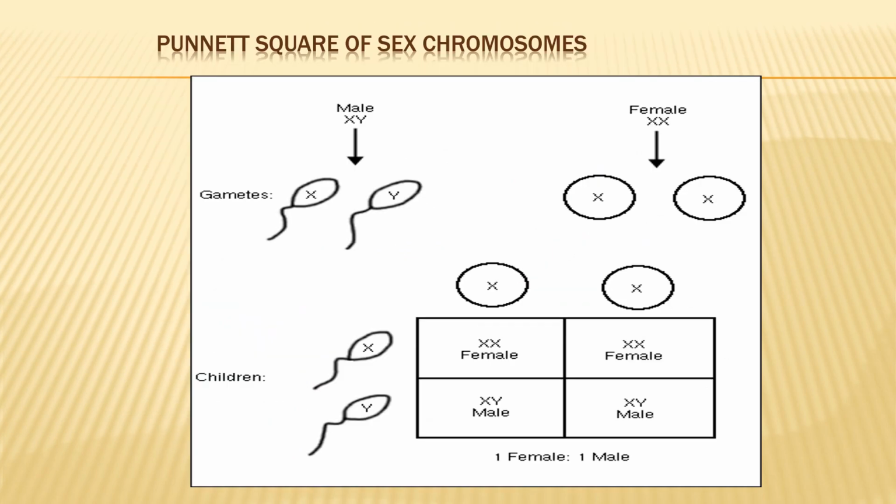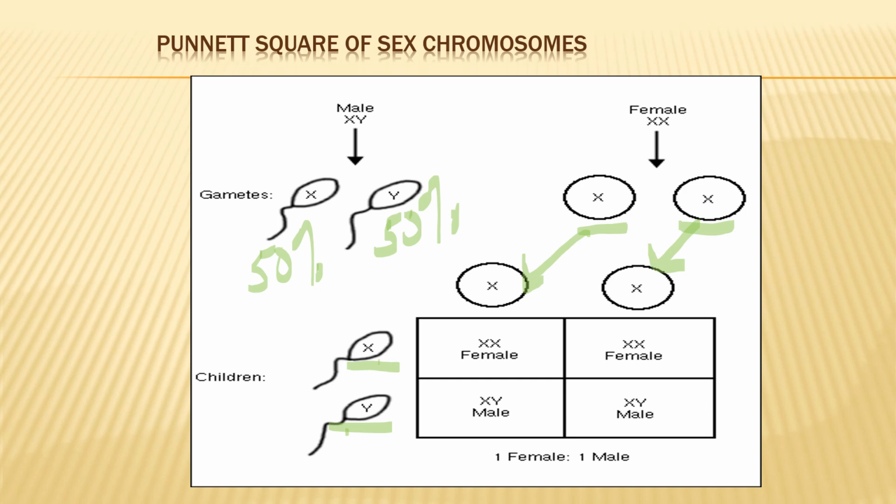The outcome of a particular mating can be looked at by a Punnett square, because females only have two X chromosomes, so they can only give their offspring an X chromosome, whereas males have one X and one Y. So during meiosis, when they make sperm, about 50% will have X chromosomes and 50% of their sperm will have Y chromosomes. So when fertilization occurs, it can either be a sperm with an X chromosome or a sperm with a Y chromosome.